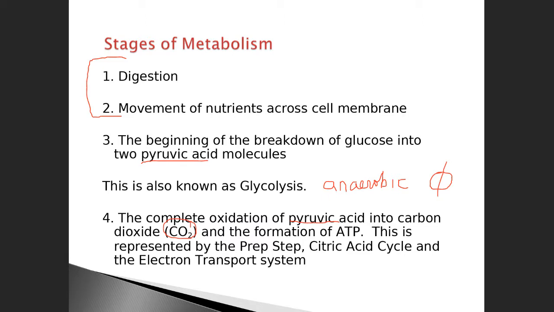Do you remember? Oxygen. Thank you, Miss Karina. All right, oxygen. So it's going to form water. And these aerobic processes are represented by the prep step, the citric acid cycle, and the electron transport system.